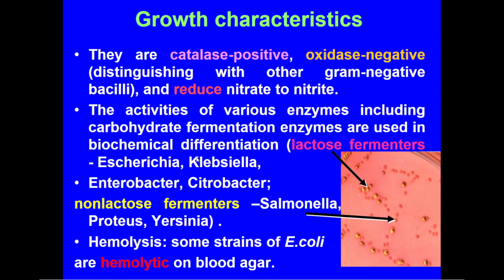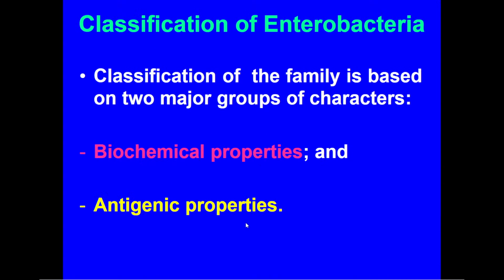The activities of various enzymes, including carbohydrate fermentation enzymes, are used in biochemical differentiation. We usually distinguish first lactose fermenters and non-lactose fermenters, and here again, lactose fermenters look bright with a metallic sheen, and non-lactose fermenters appear just slightly pink, right? And then some of them may also produce hemolysis.